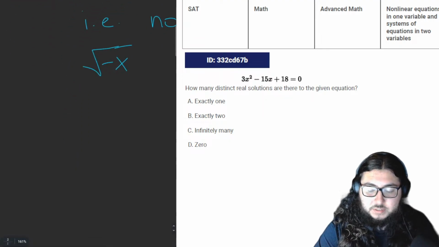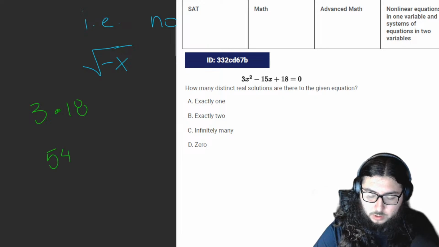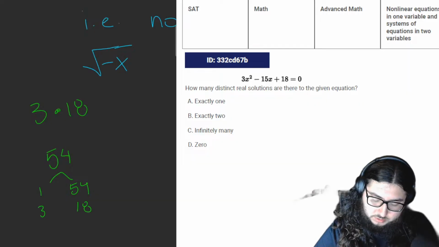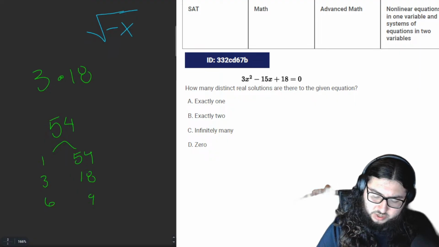So if we factor this, we can do 3 times 18, which is going to give us what? 54. And we do the factors of 54: 1 and 54, obviously 3 and 18, 6 and 9, and are there any others that I'm missing? I don't think so.